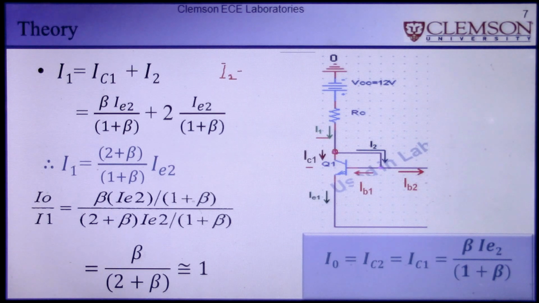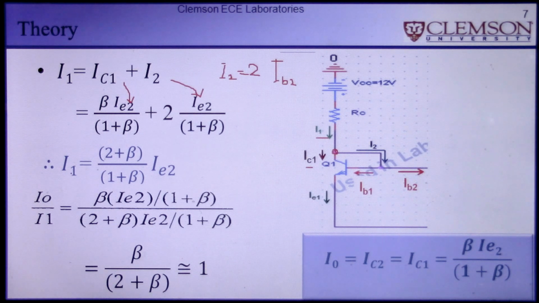I2 was twice of IB2 or IB1, whatever you say, and the IB2 is this. So this becomes this and this becomes this. So we see IE1 and IE2 are common in both the terms, so we can write something like this.